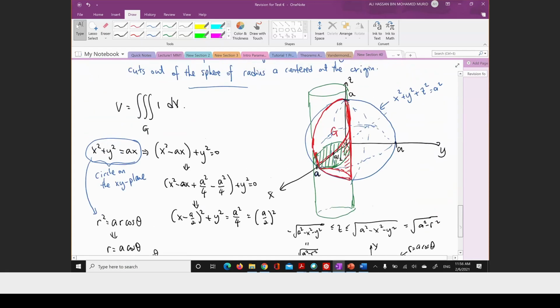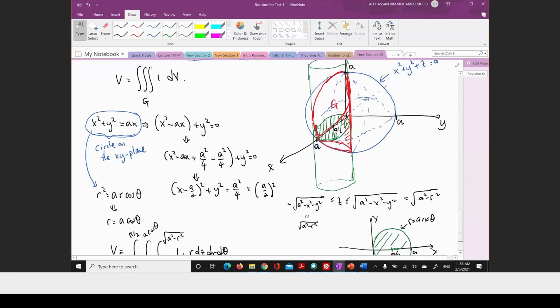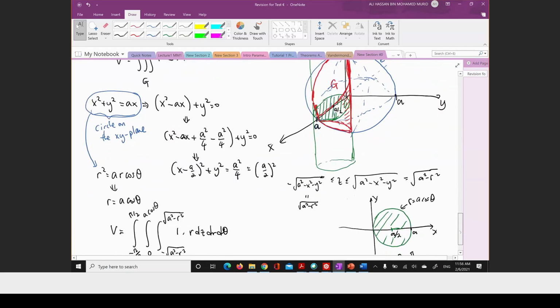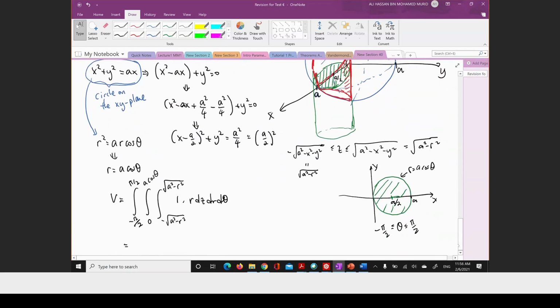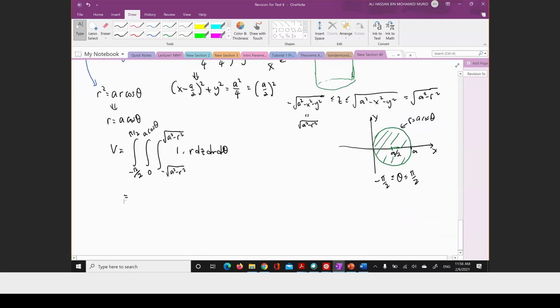And the object G is symmetrical, isn't it? It is 4 times the volume in the first octant. So if I use the symmetry, this is equal to 4 times the volume in the first octant.